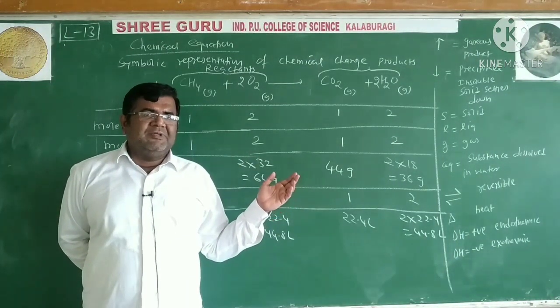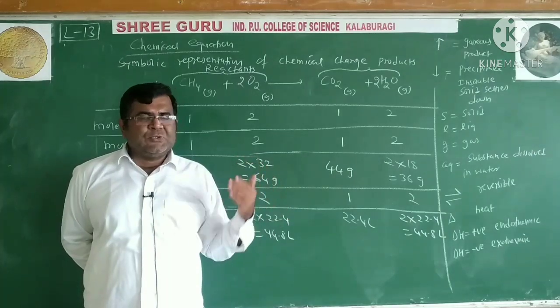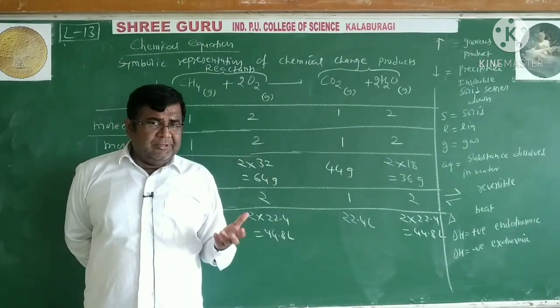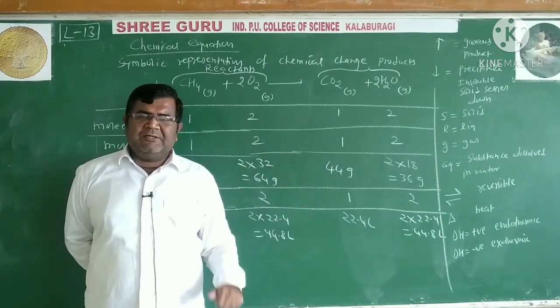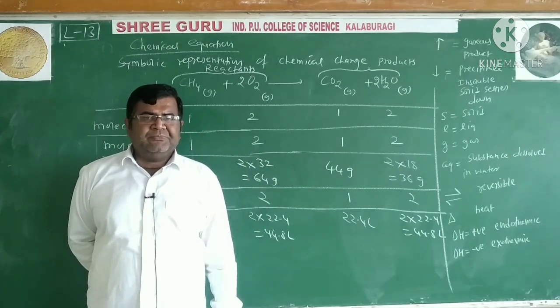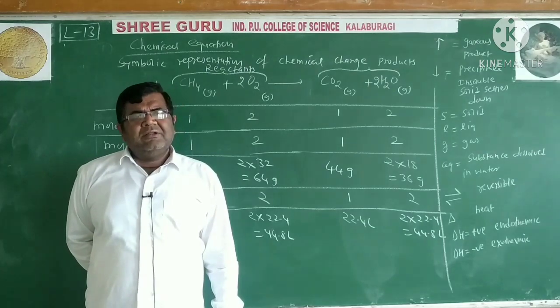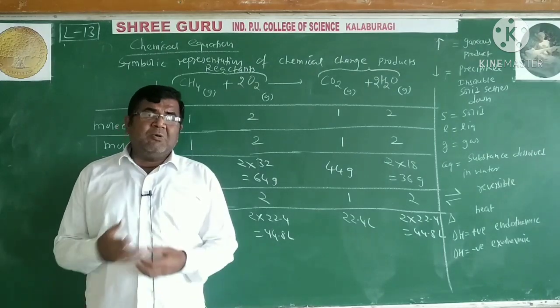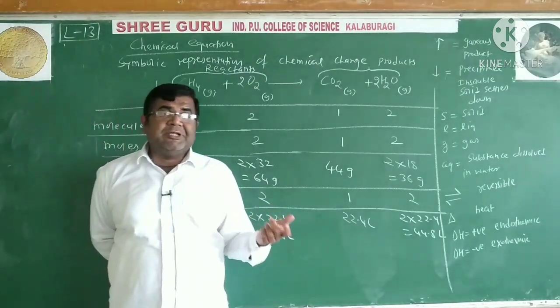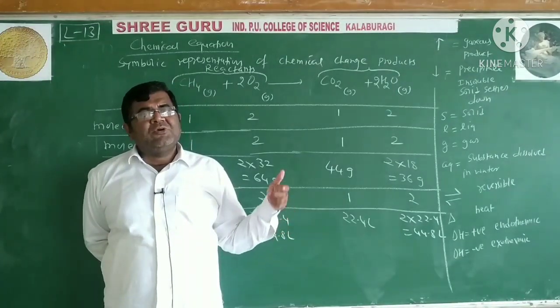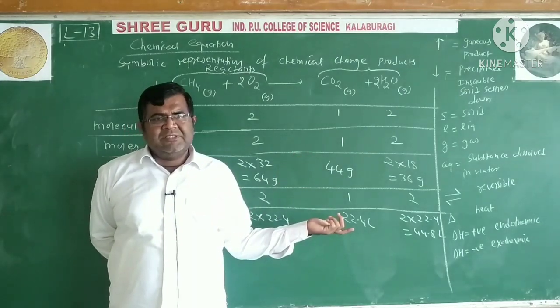Whether the reaction is fast or slow is a very important thing in chemistry, but that is not given by the chemical equation. And the equation does not give us an idea about the actual amount of reactant which we have taken and the actual amount of product formed, isn't it?